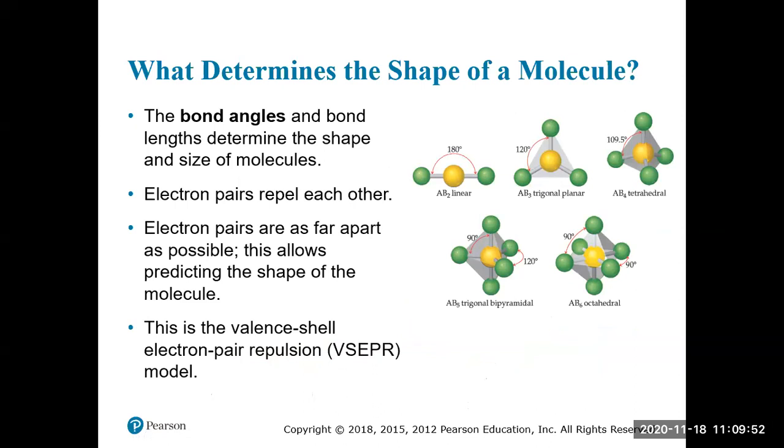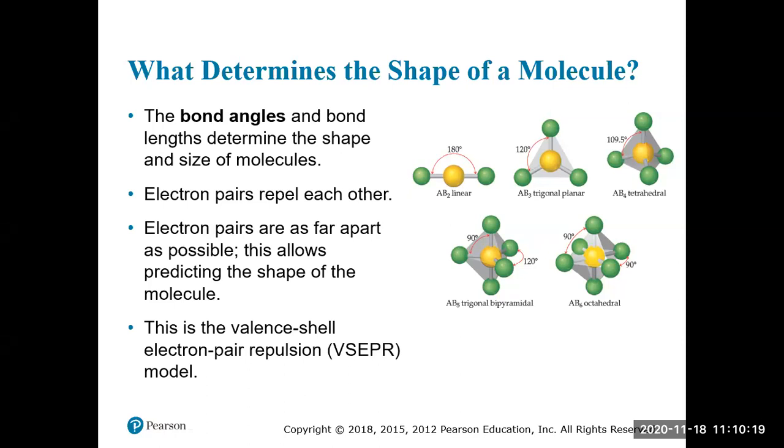One thing we want to remember is that electron pairs repel each other, because remember, we talked about electron repulsion. When we have these different electron pairs, whether they're a bonding electron pair or a free electron pair, there's going to be repulsion amongst those different electrons.